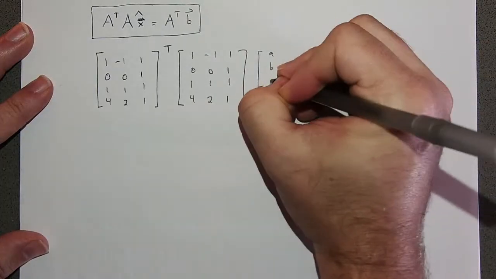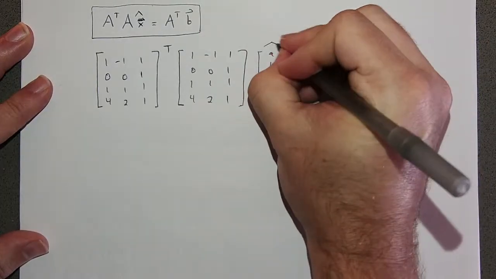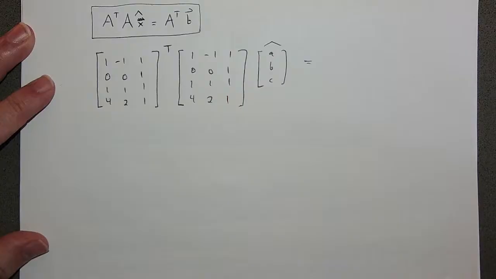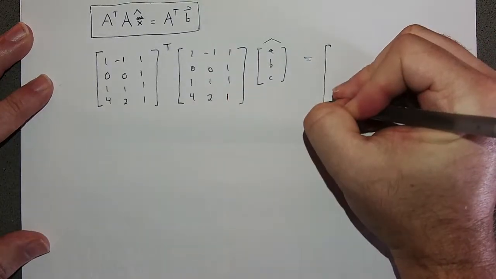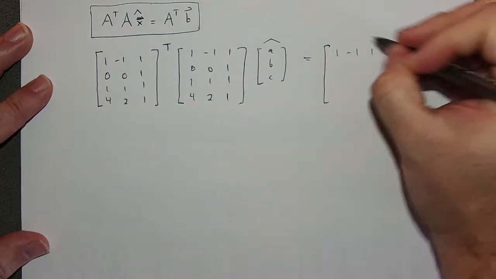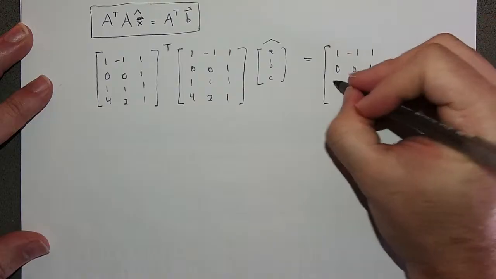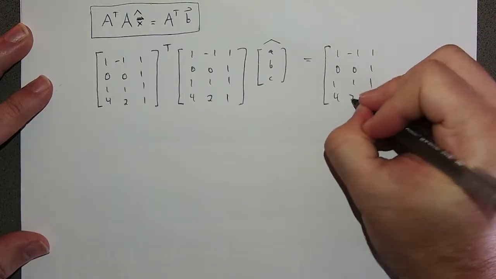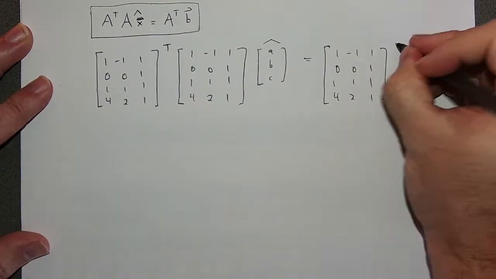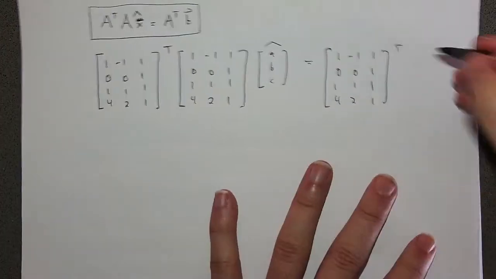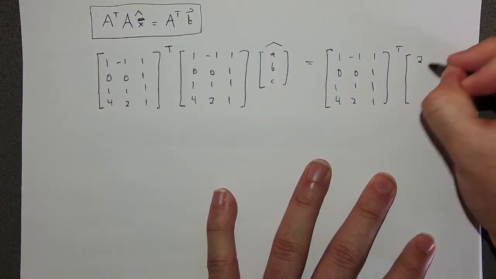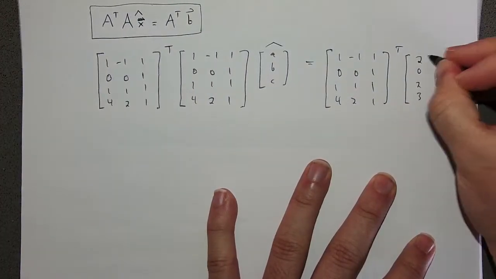I'm putting a hat over it to indicate the solution that I get. It's going to be the least square solution. This is equal to that same matrix transposed, times that right hand side vector 2, 0, 2, 3.